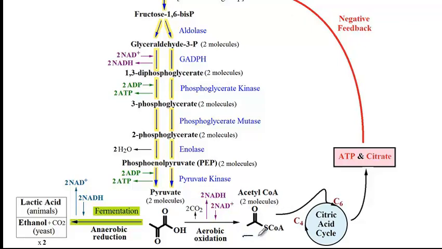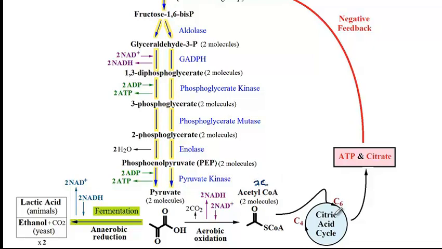And now the product, acetyl coenzyme A, will enter the citric acid cycle. So how many carbons is the acetyl coenzyme A? Remember, pyruvate was a 3-carbon molecule, but we have lost the CO2 here. So this acetyl coenzyme A is a 2-carbon molecule.